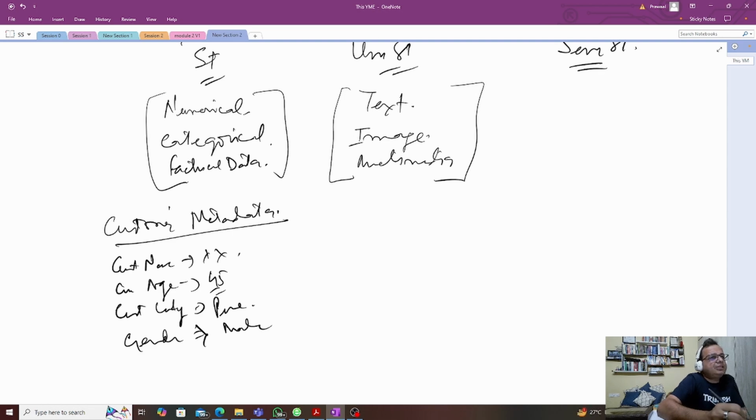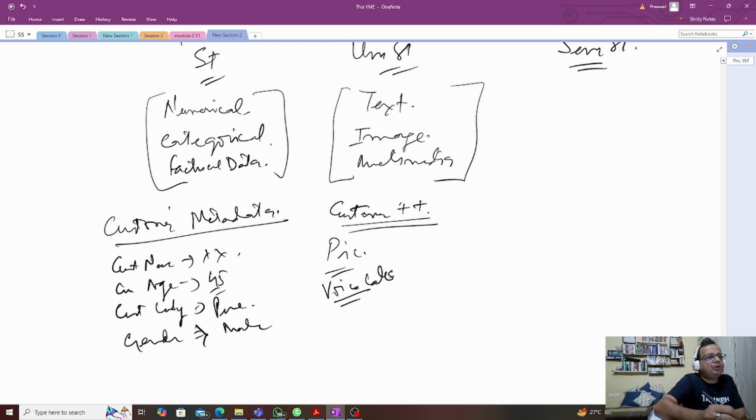So in case of customer information, let's say customer plus plus, or additional customer data, there can be a picture of the customer, there can be his voice calls, where he has called the call center and said that he's happy or not so happy.